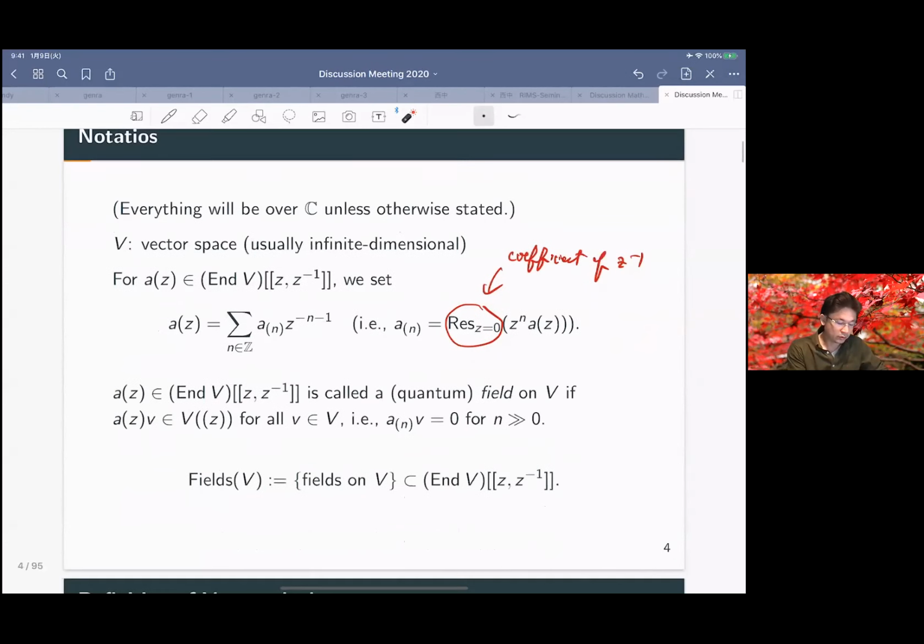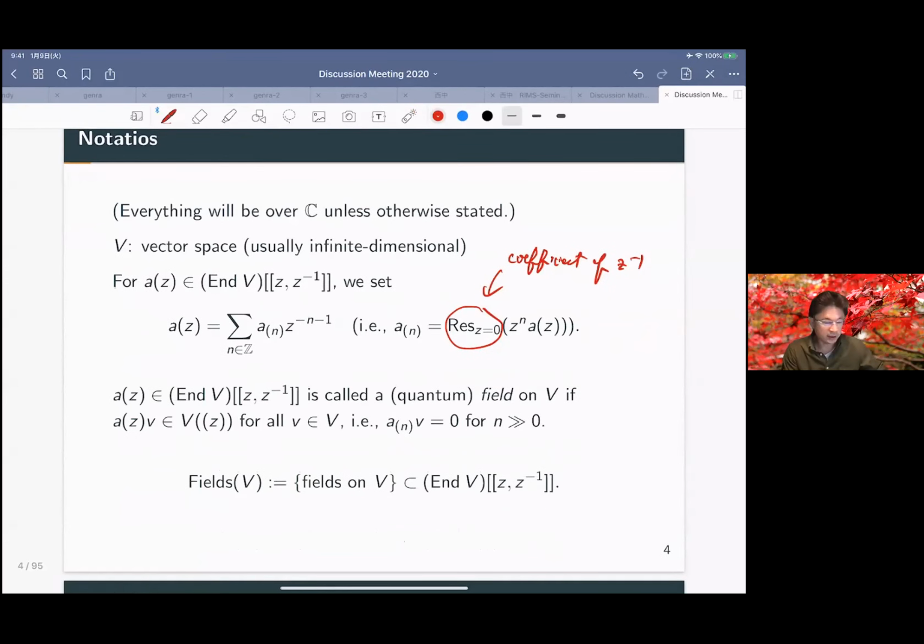I denote the span of fields on V as Field(V). This is a subspace. I should note that if you have two fields, multiplication is not well defined in general. So this is just a subspace.